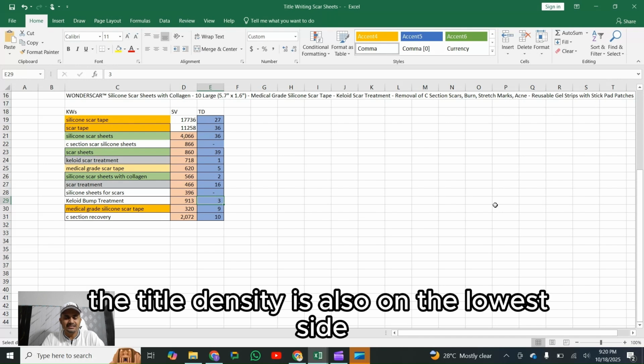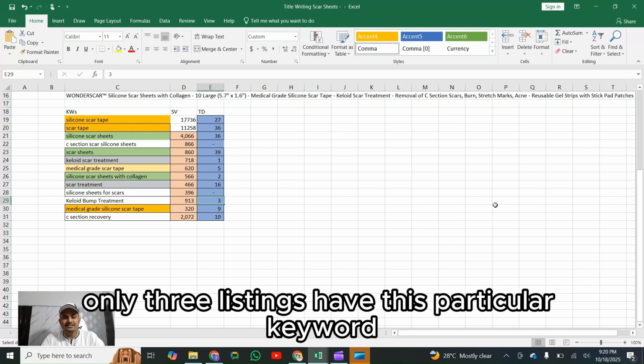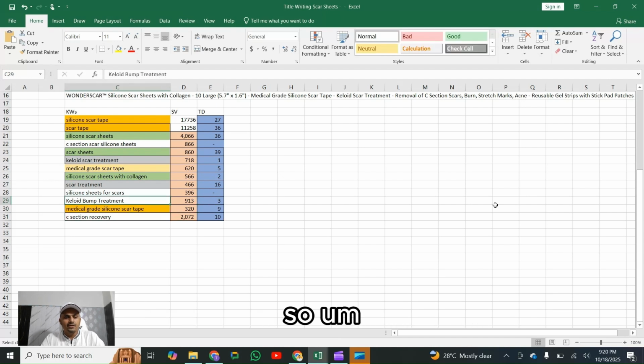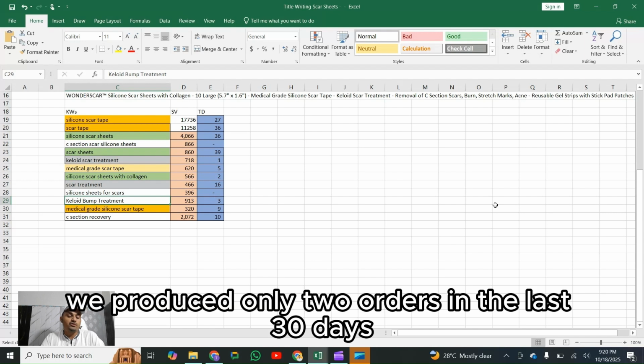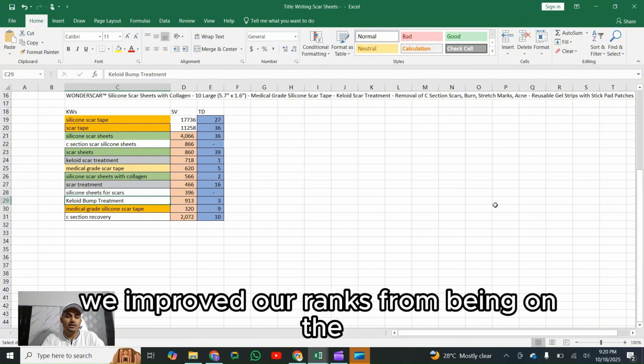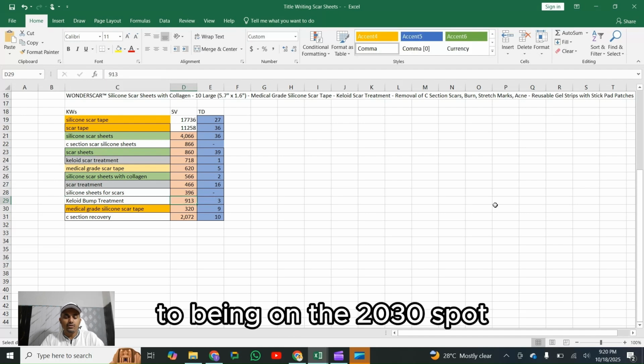You can see the title density is also on the lower side, 3, which means only 3 listings have this particular keyword in exact form. Fourth would be us. So we produced only 2 orders in the last 30 days, and we improved our ranks from being nowhere on this particular keyword to being on the 23rd spot.